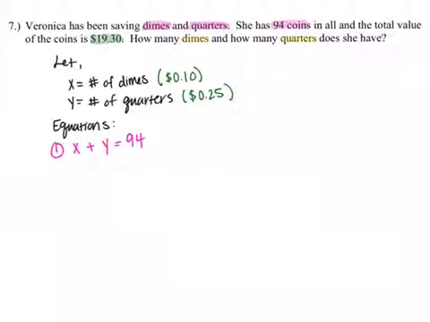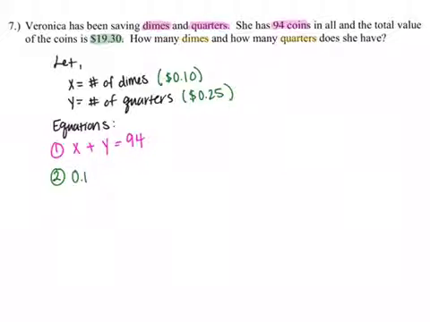So my second equation is going to look like 0.1, which represents 10 cents, times X. I don't need to write that 0 there, because that would just mean more multiplication. So 0.1 is good enough.